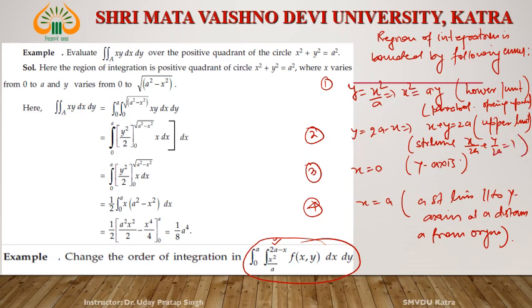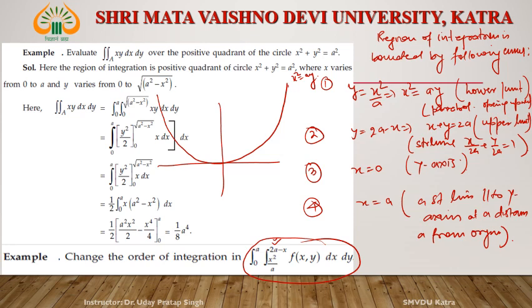So the region of integration is bounded by the following curves. Now let us plot these curves. See, this is the parabola, x square is equal to ay.